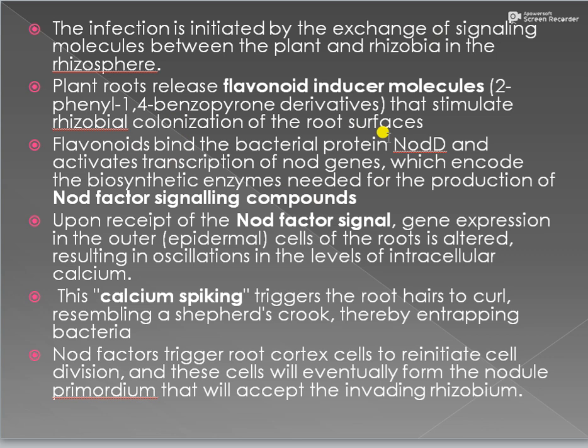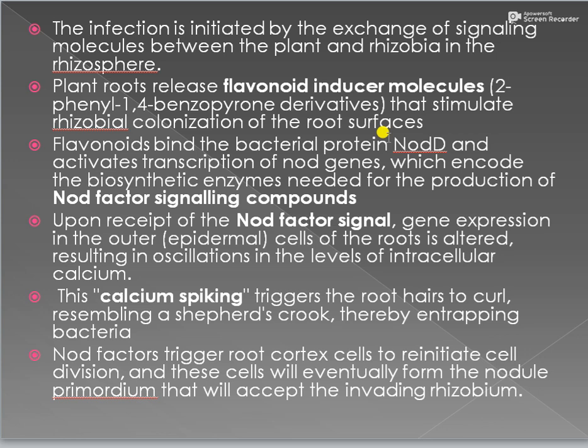The plant produces these flavonoid inducer molecules, which go and attach onto a NOD gene found in the bacteria. The bacteria get activated, and in turn produce a nodulation factor signaling compound. That is, there's a gene in the bacteria called the NOD gene that gets activated, and the bacteria in turn produce another compound called the NOD factor signaling compound.